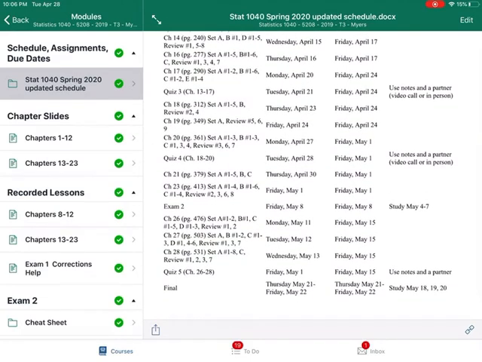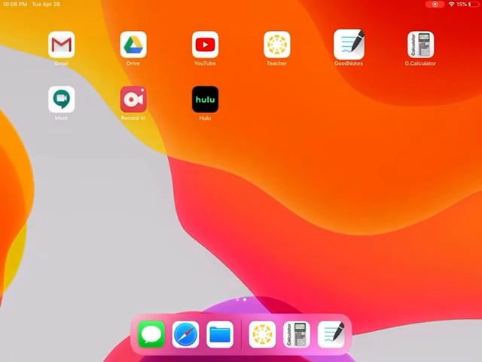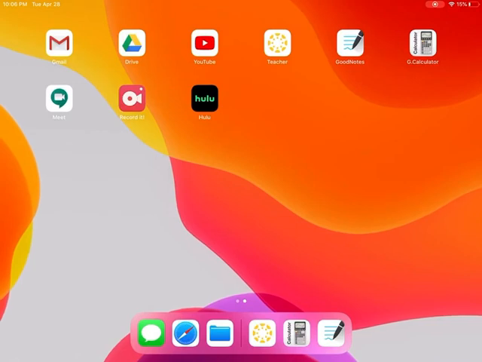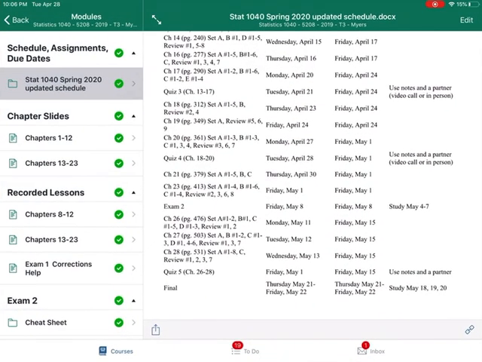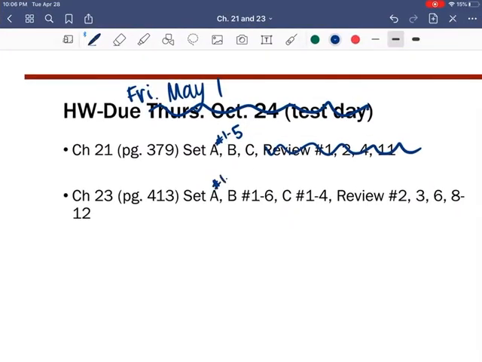So A, 1 through 5, B and C. And chapter 23. So A 1 through 4, B 1 through 6, C 1 through 4, and then 2, 3, 6, and 8.